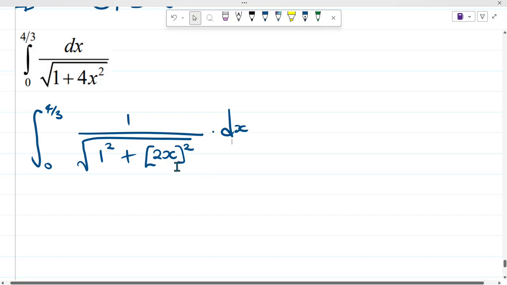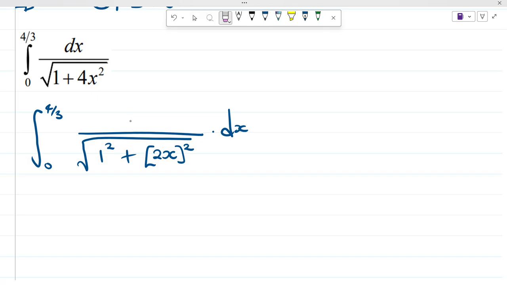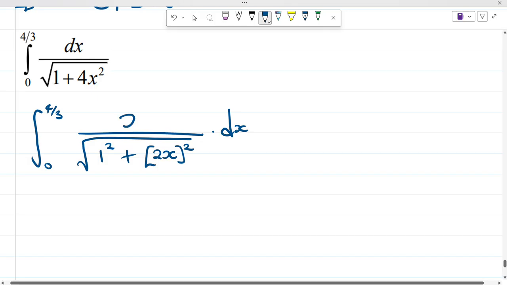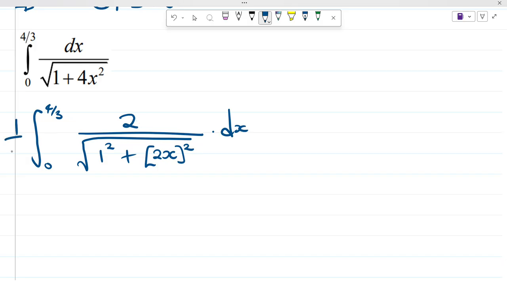But before we conclude, we must make sure that on the numerator we have the derivative of whatever is squared here. The thing that is squared is 2x. When we differentiate 2x with respect to x, we get a 2. So there I have a 1, so I need to write a 2, and since this 2 was not there, I also need to write 1 over 2 outside the integral. You understand?